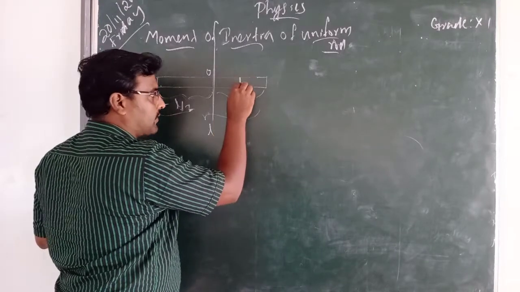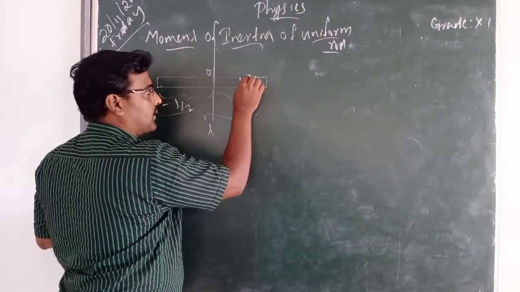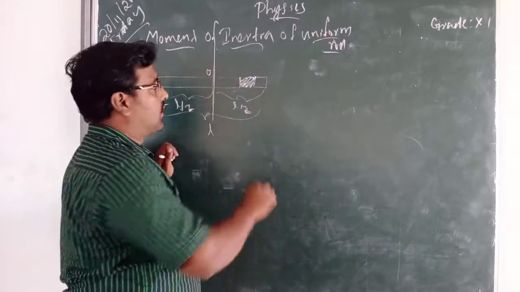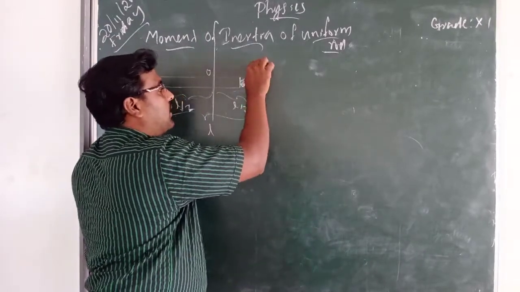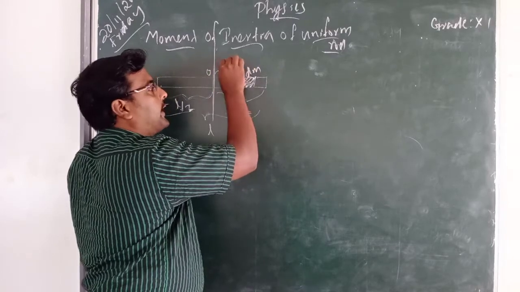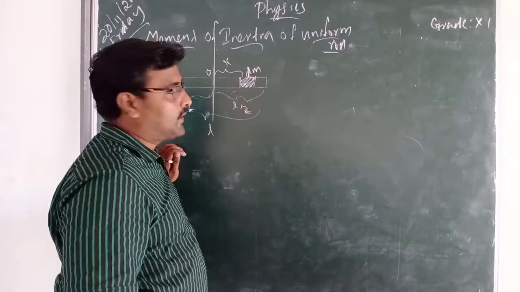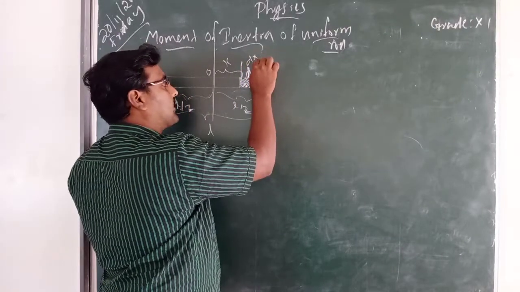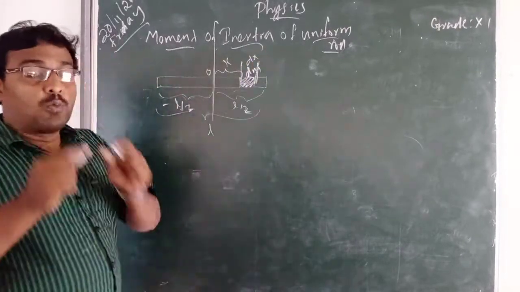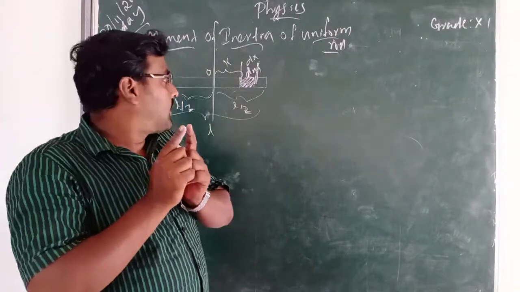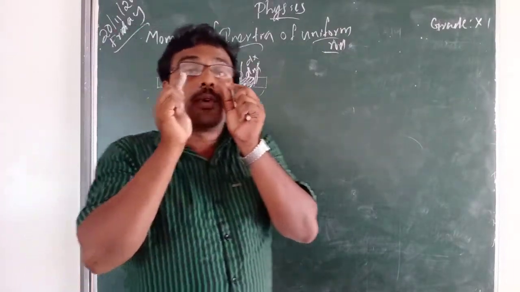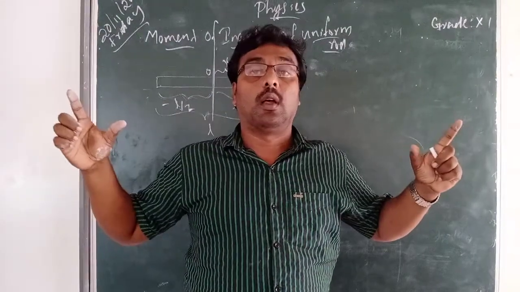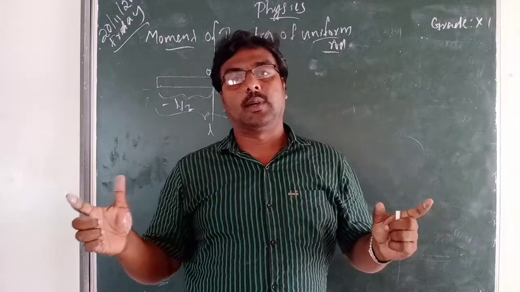Here we are choosing a small part, which has mass dm at a distance x, and its length is dx. We choose an infinitesimal mass from this big rod and find its moment of inertia first.